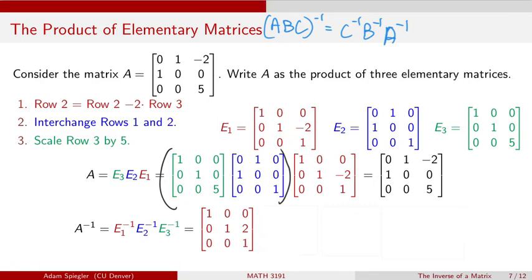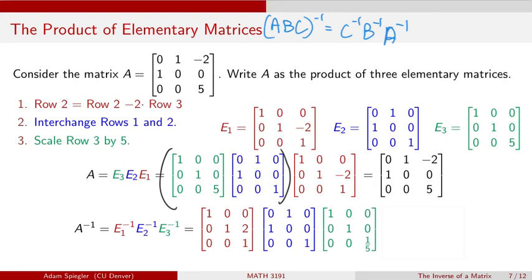The inverse operation for interchanging rows 1 and 2 would be to do that same operation again. So E2's inverse is itself, since applying an interchange two times would undo that first interchange. And then lastly, for E3 inverse, we had E3 as scaling by 5. Rather than multiply row 3 by 5, the inverse would be to divide row 3 by 5.